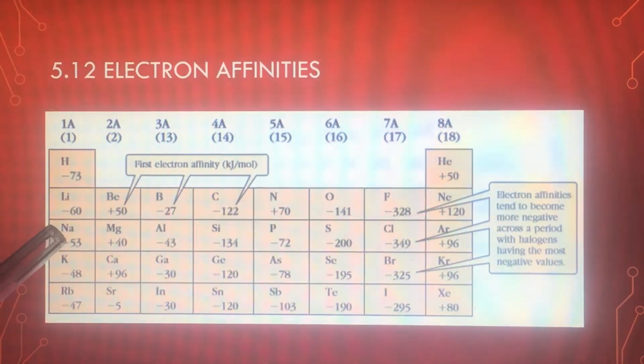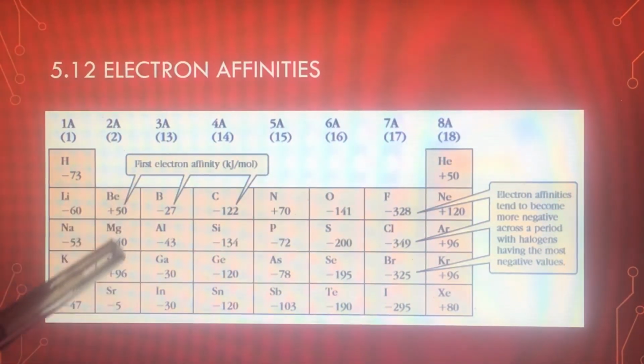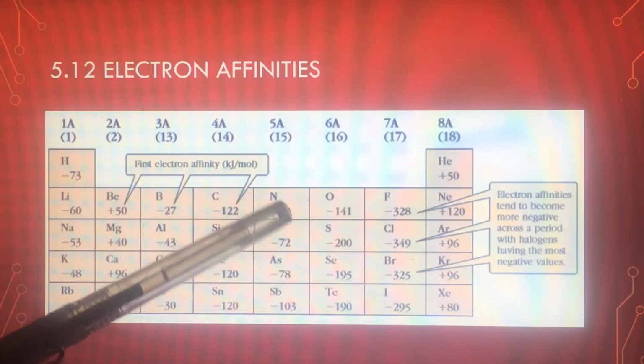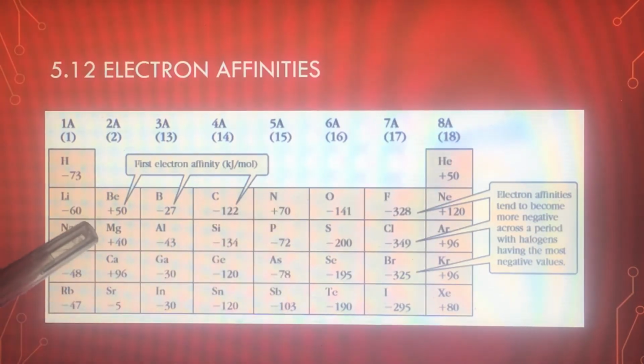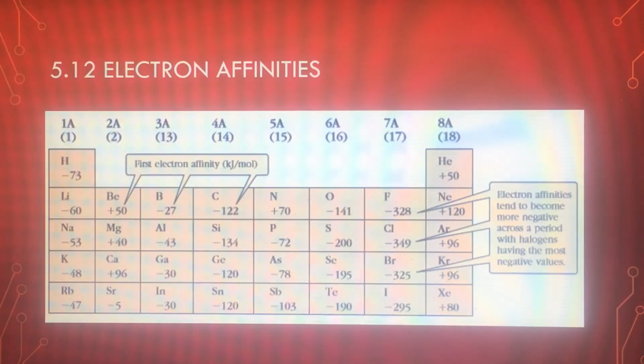In this column, beryllium, magnesium, calcium, and strontium, they mostly have positive electron affinity, because if we add another electron, it will go to the 2p orbital.